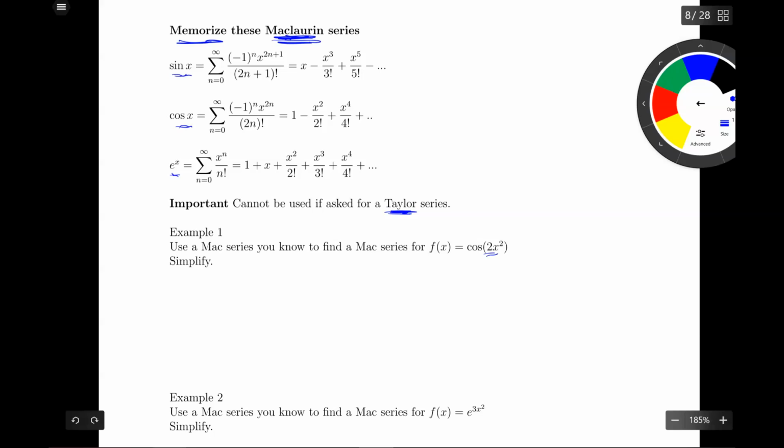So here we go. If you started thinking about this, the derivatives would get not very fun because you would have chain rule and then product rule. That's the reason we want to use a Maclaurin series, that's how you'll know. I can see that cosine of x is this, so cosine of 2x squared will be substituting in 2x squared for the x.